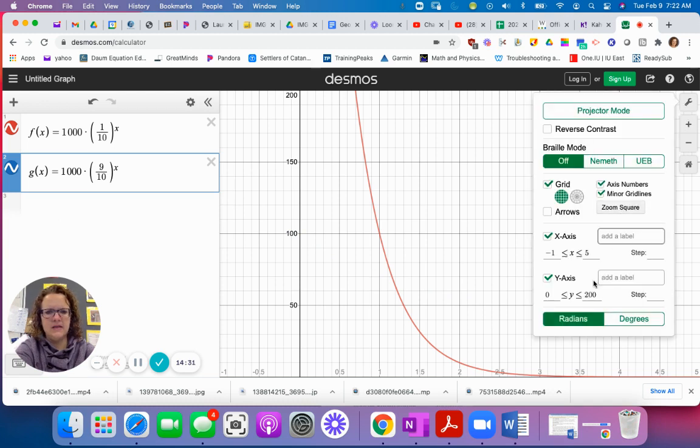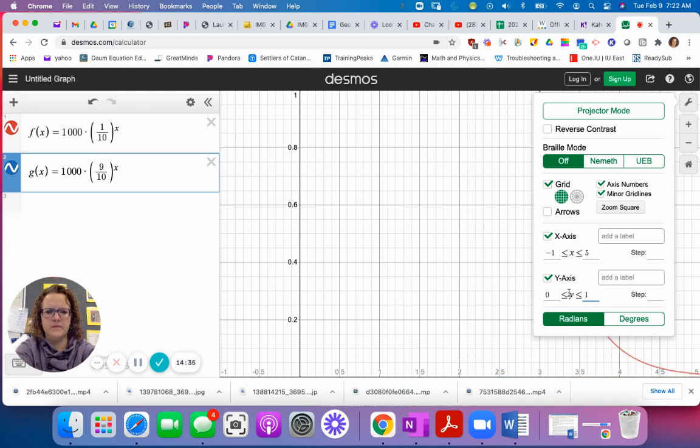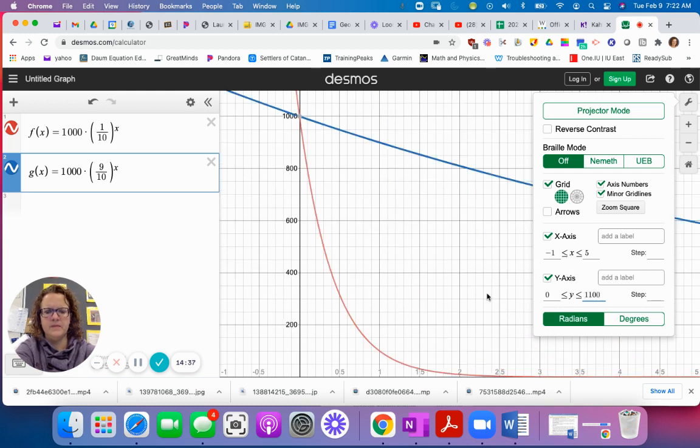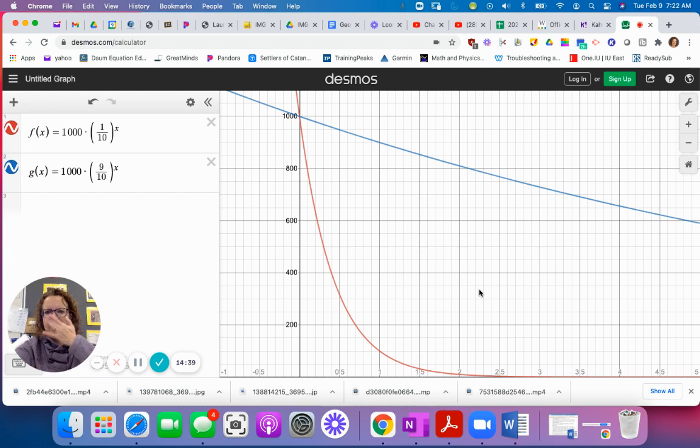And we can't see the 1,000. Okay. F of x is decaying much, much faster. Yeah, that's the problem. Okay, f of x is the 1/10, decaying much faster than g of x.